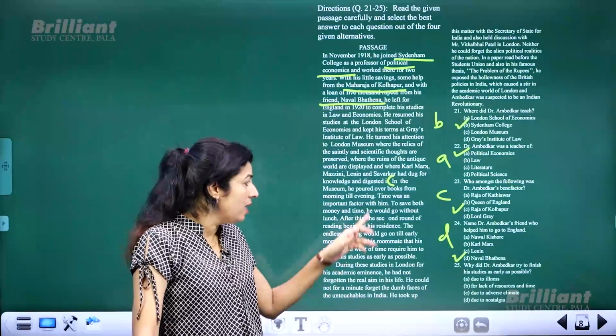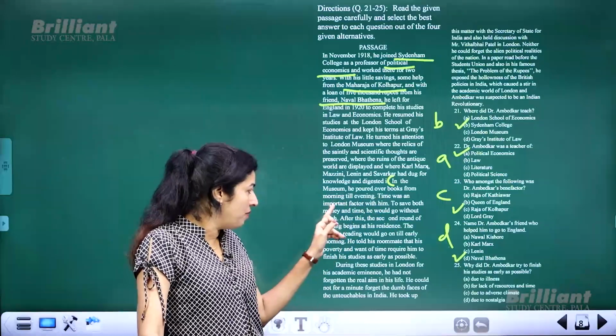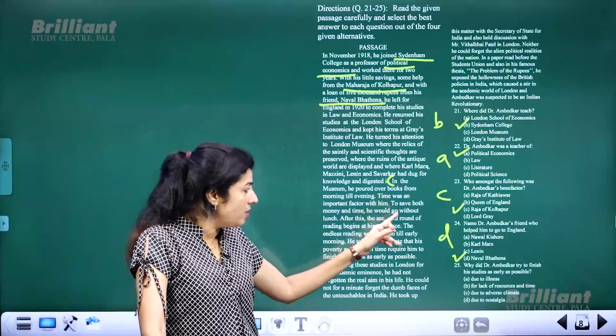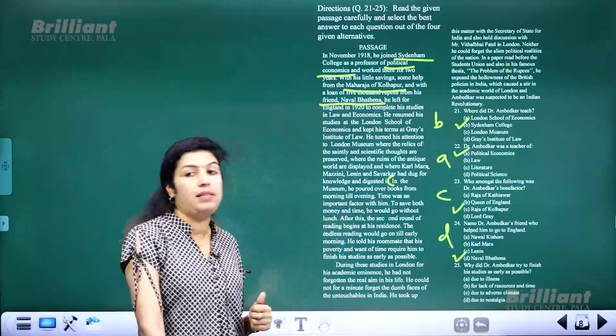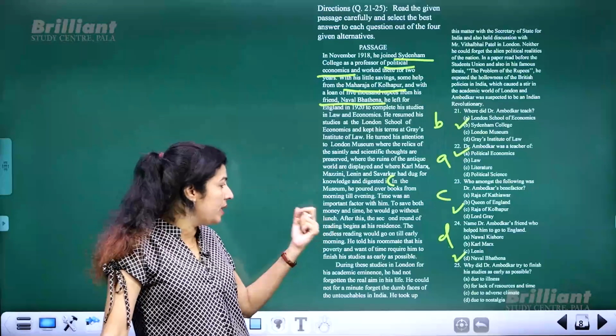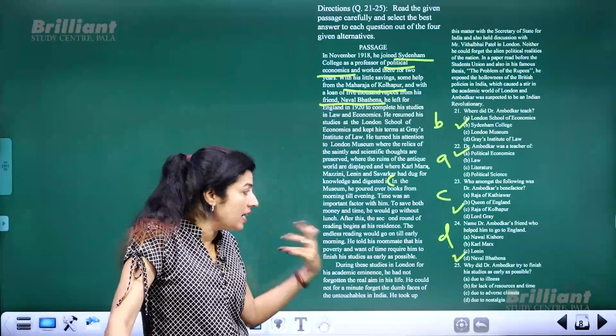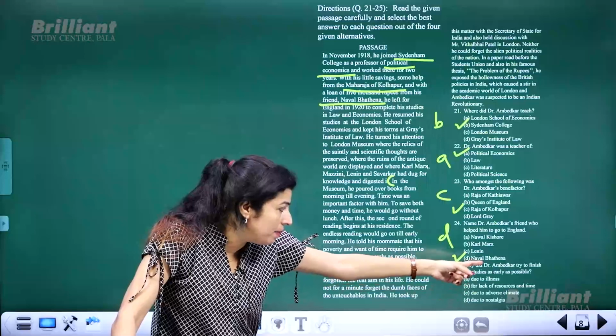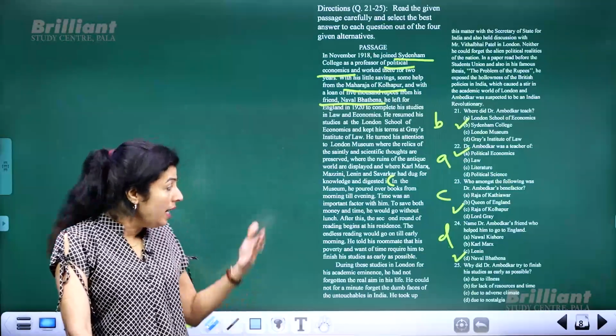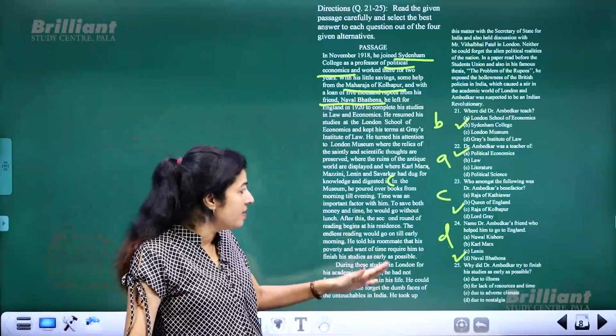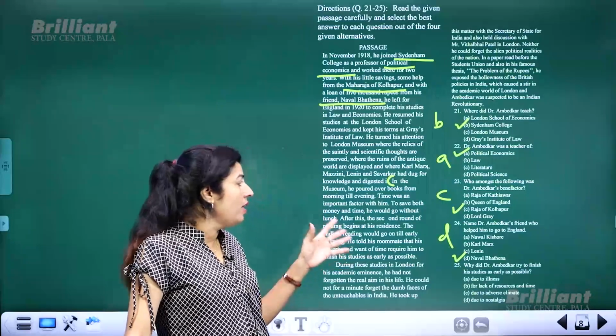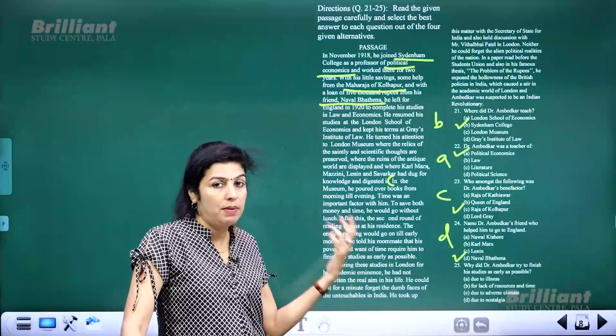And why was that? Time was an important factor with him, and to save both money and time, he would go without lunch. That means he tried to complete the studies as early as possible, even skipping lunch. The reason is he did not have enough resources like time and money.